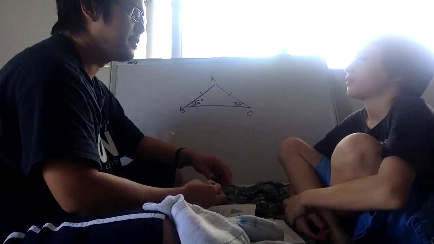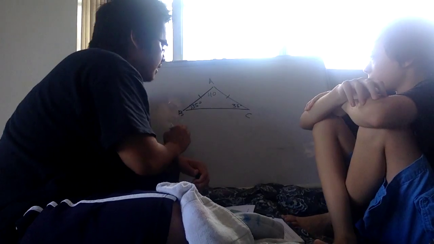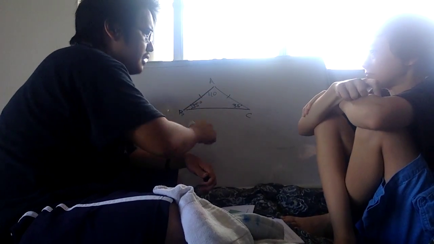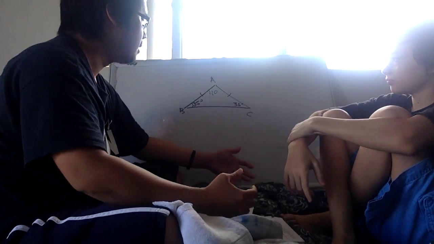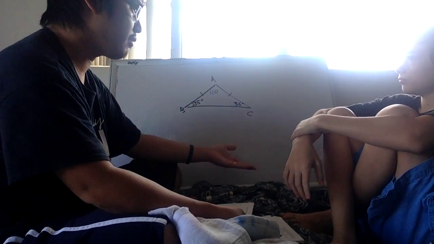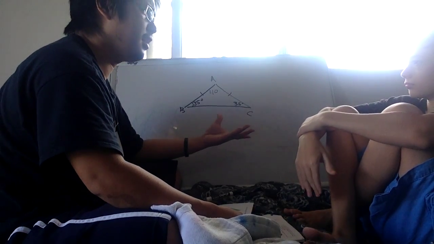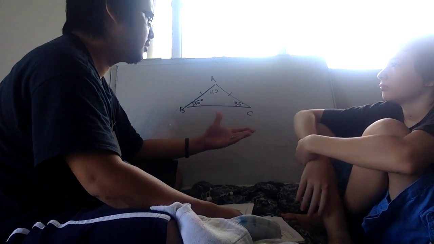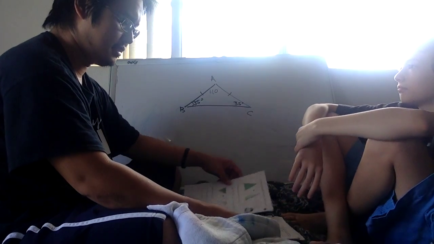Maybe 110? Perfect. Because 110 plus 70 is 180. And you know that all the angles inside of a triangle, be it an isosceles triangle, an equilateral triangle, an obtuse triangle, an acute triangle, a right triangle, all have to add up to be 180. Does that make sense? All right, good.